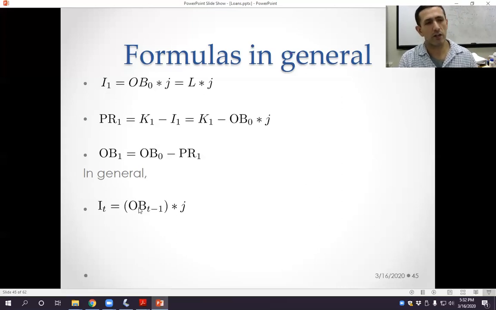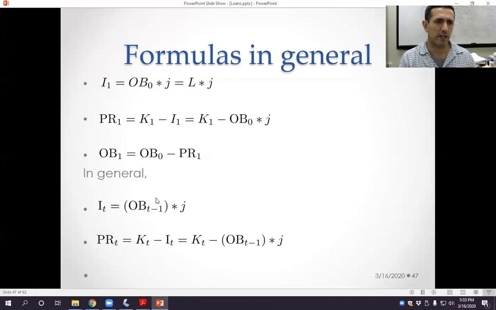The interest rate is J. So that's the amount of interest earned in the Tth year. PR_T is just K_T minus I_T. The amount of principal you pay in the Tth year is the amount of your loan payment, knocking off interest first. What you have left goes towards principal. And again, just plugging in for I_T.